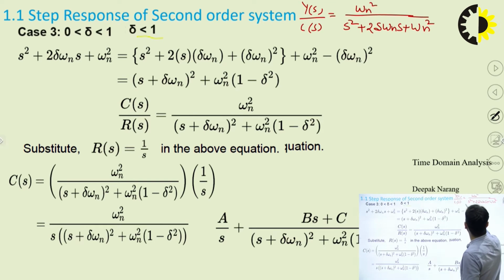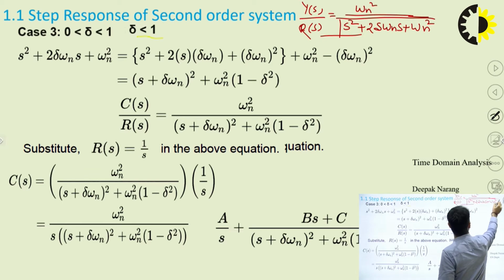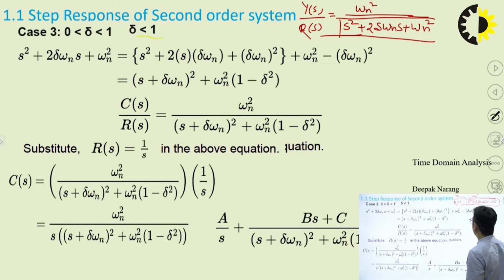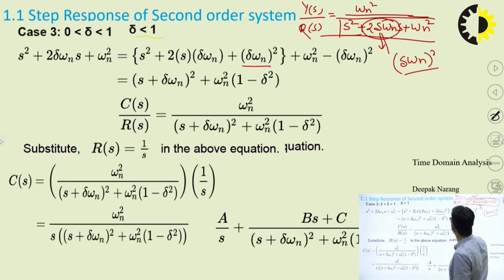So to take its time response, we first manipulate this denominator part. We shall try to make it a perfect square. To make it a perfect square, we take half of this value, that is delta omega n, square it, and add this term in this equation.